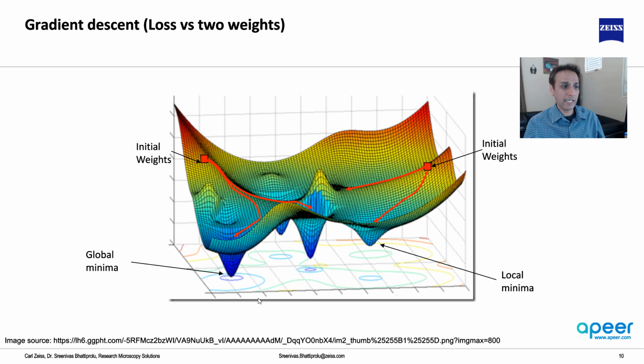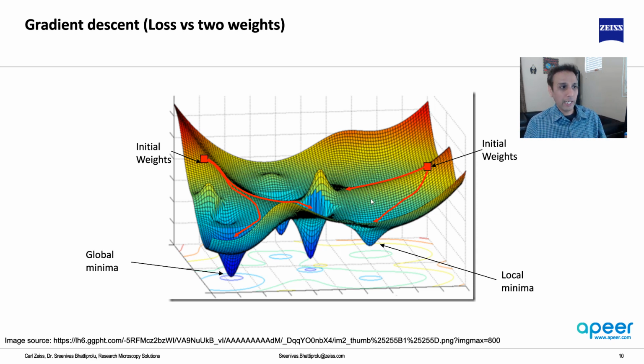On the x-axis, let's say you have weight 1, and here you have weight 2, and this is the loss. So what happens when you're changing these two weights? Obviously we're dealing with n-dimensional space when you're talking about real life weights in a neural network. Let's say we start off right here, initial weight. If you're lucky, you just go this way and then find this local minima.